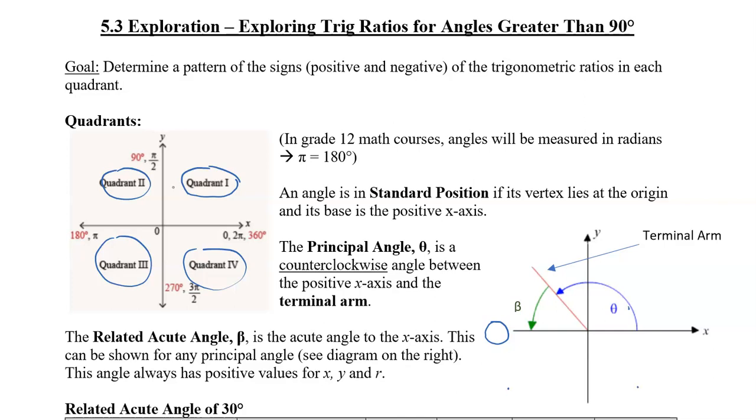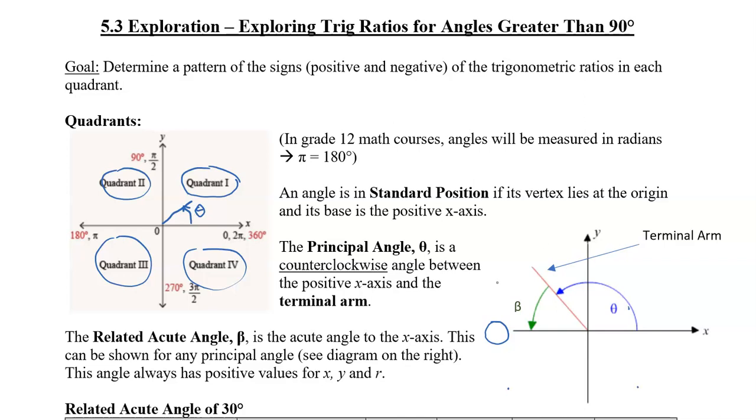Now you'll notice here that because we're starting at the positive x-axis, we're always going to measure our angle from that around to what we call a terminal arm. You can see that drawn in the picture below. So this is going to be the principal angle, and we're going to call that theta.